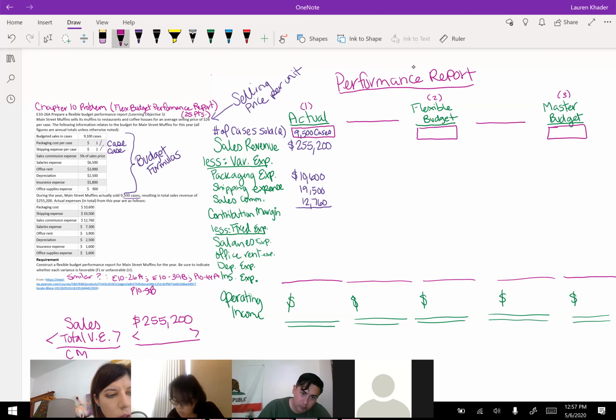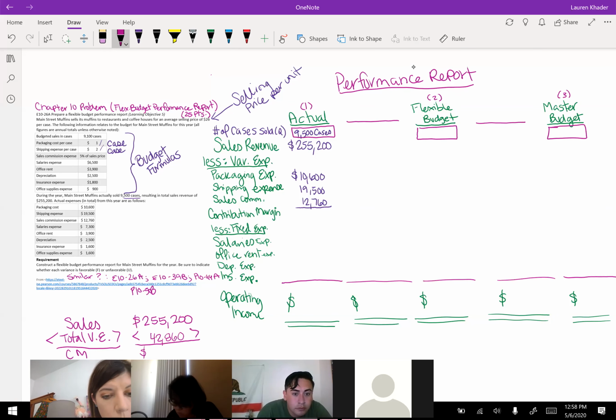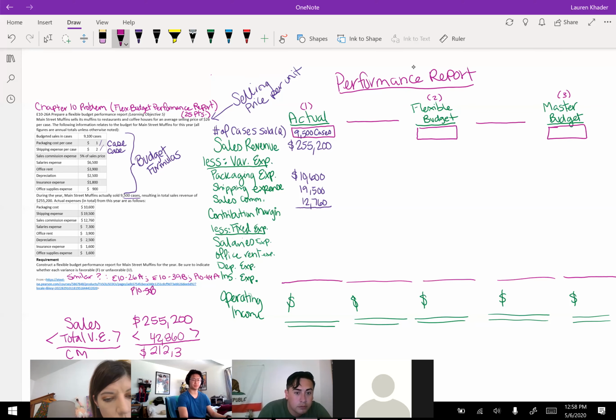How much did you calculate in total variable expenses? $42,860. Correct. So 255,200 in revenue minus total variable expenses of 42,860 gives you a contribution margin of how much? 212,340. Correct. 212,340.